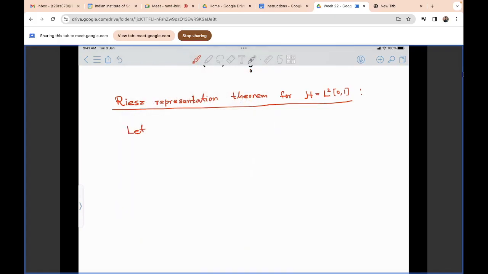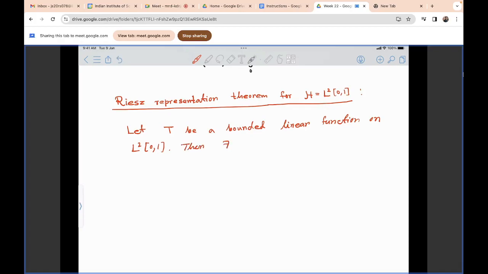So let T be a bounded linear functional on L2[0,1].